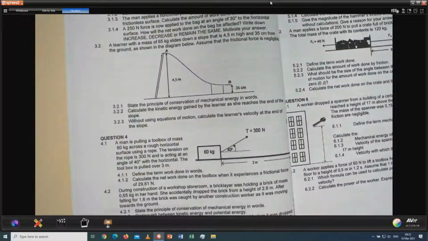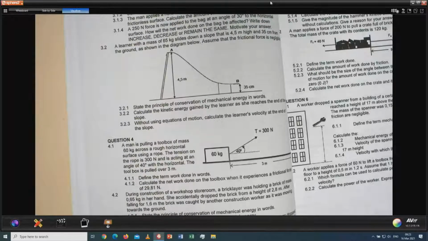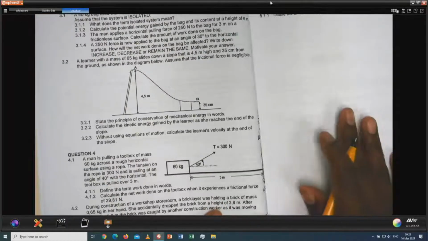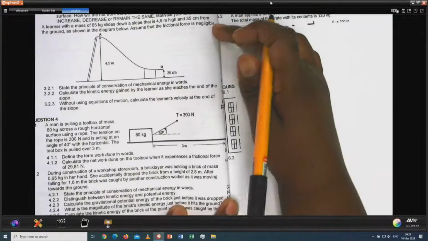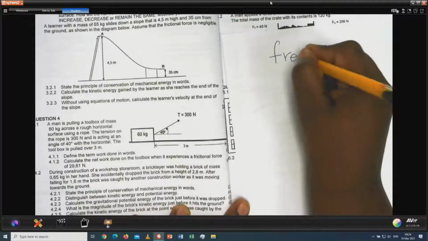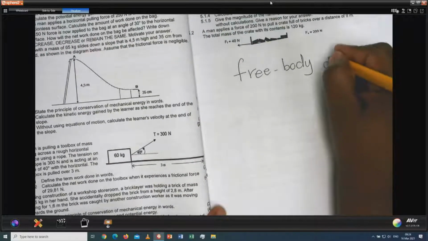Now, when you are doing calculations with work, it's important for you to first make a schematic presentation of the scenario. But luckily in our question papers, most of the time we do have a diagram that explains what is happening. Then the second one is for you to draw a free body diagram.